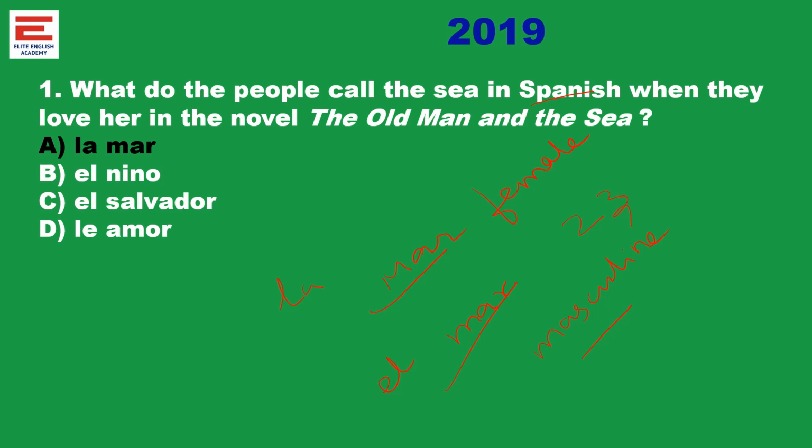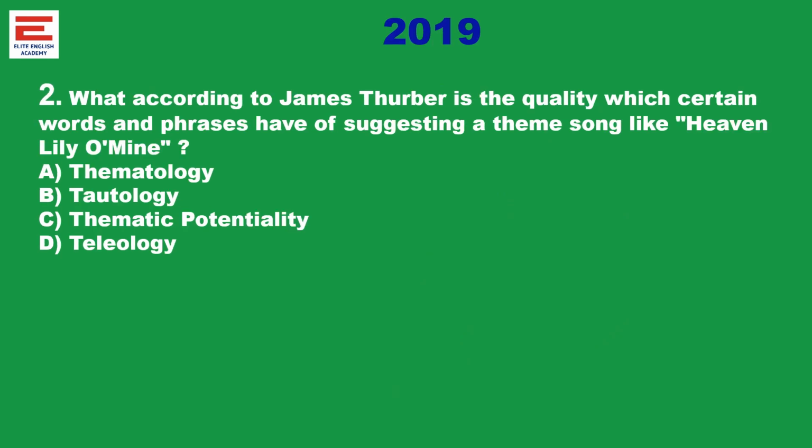Now we are moving to the next question. Two: what, according to James Thurber, is the quality which certain words and phrases have of suggesting a theme song, like Heavenly Vine? So it is a very pointed question.